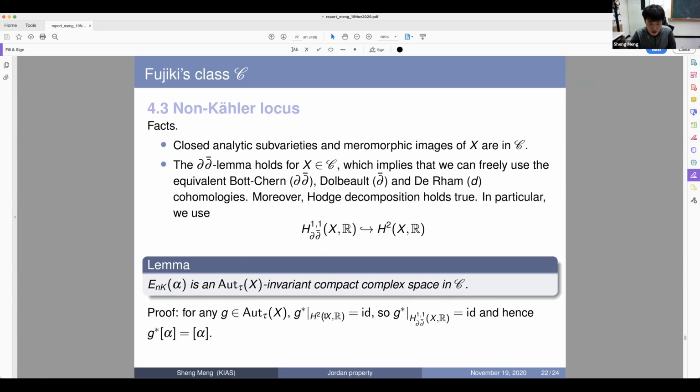By definition, if the pullback action on H^2(Q) is identity, then so is the action on H^2(R). Then by this embedding, we see that the pullback action on the (1,1) class is identity, and hence it fixes the big class alpha. So this non-Kähler locus is Aut_τ invariant.